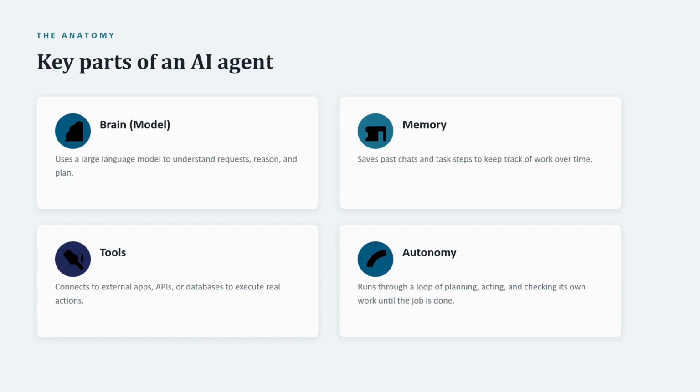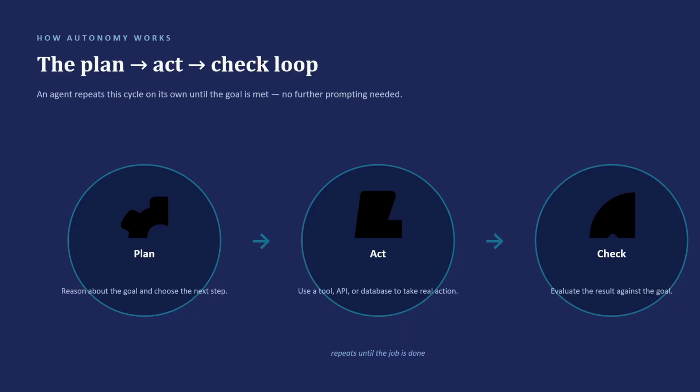So I think these are the main components of any AI agent that you're going to build, right? And as I mentioned earlier, when we are talking about implementation, we'll try to connect these dots. Just remember the four things I've spoken about: one is brain, second is memory, third is tool, and fourth is autonomy, right? Let's move on.